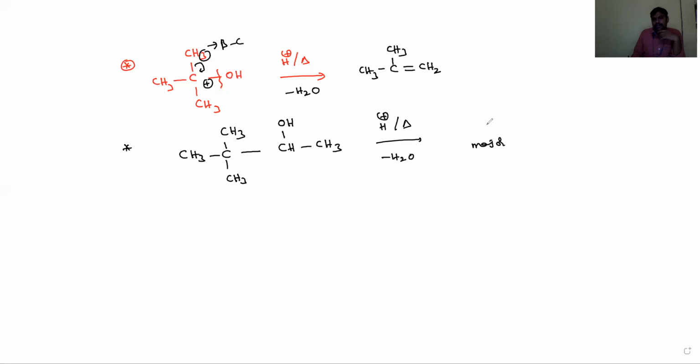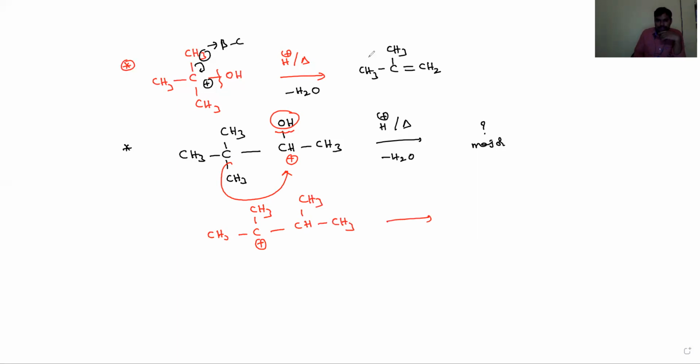If you observe, shifting will take place. First, the OH group will leave and produce a secondary carbocation, and a methyl group shift takes place. This rearranged carbocation gives the rearranged dehydration product, which is the major product.